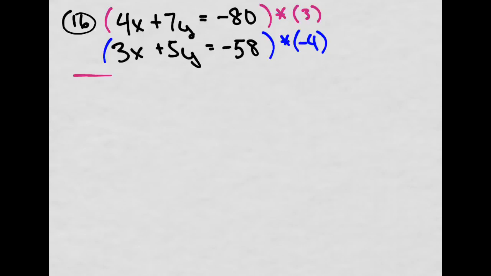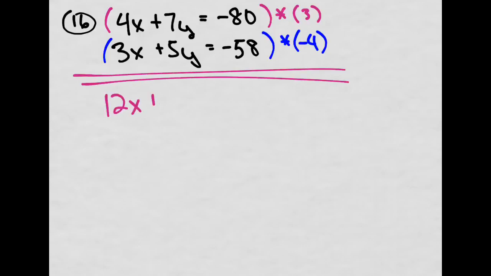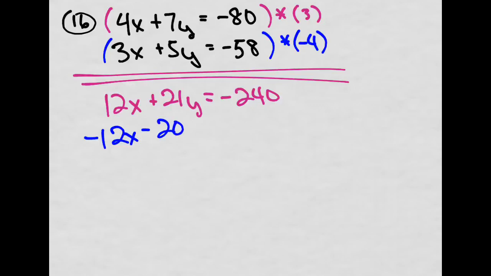So here we go. 12x plus 21y equals negative 240. And then we've got negative 12x minus 20y equals 32. Positive 232. All right, so that's nice.